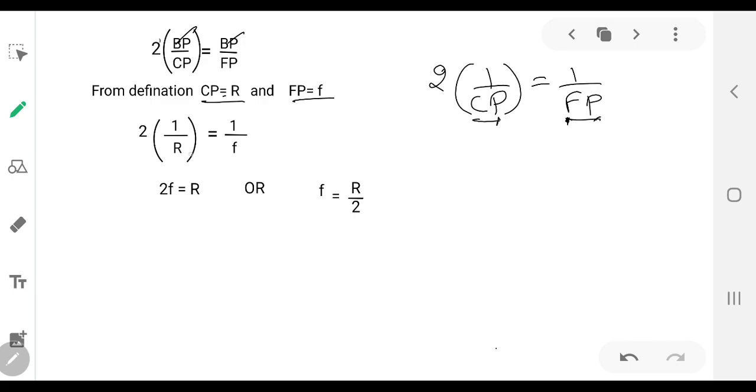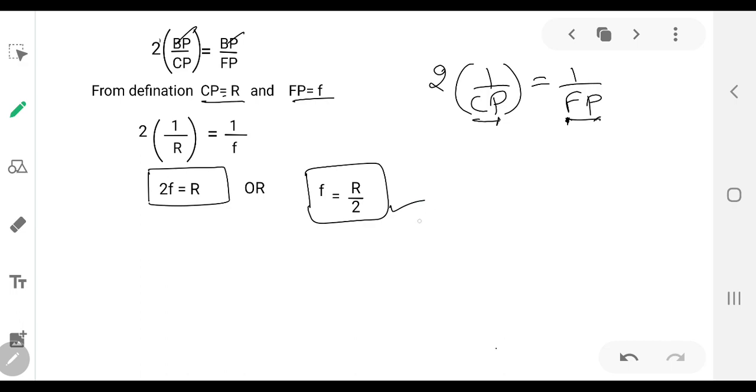If you substitute the values, it is 2 times 1 upon r is equal to 1 upon f. If you cross multiply, you get 2f is equal to r, or you can write f is equal to r by 2. This equation gives you the relation between the focal length and radius of curvature.